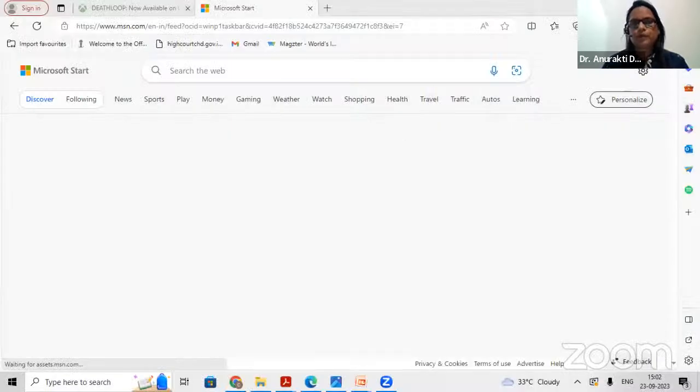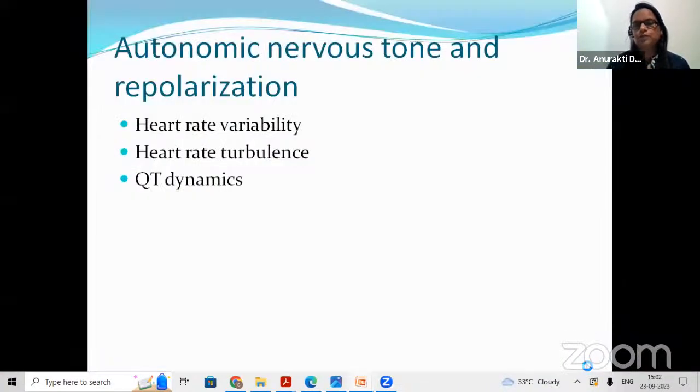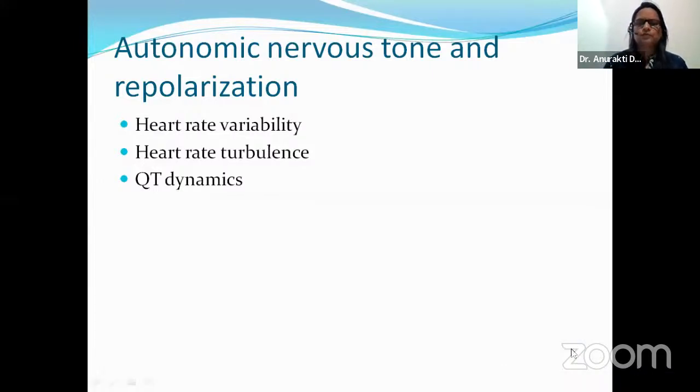And I would straight away start with our topic for today, which is Holter monitoring. As you rightly said, the initial part is that it is a non-invasive method which is used to detect various cardiac abnormalities, and it has been used since long back, around 70-75 years, I would say.